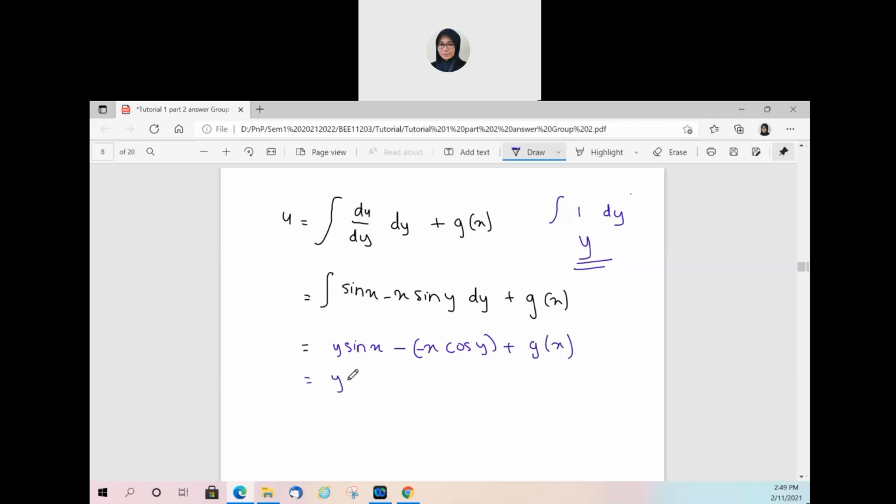So equals to y sin x plus x cos y plus g(x).